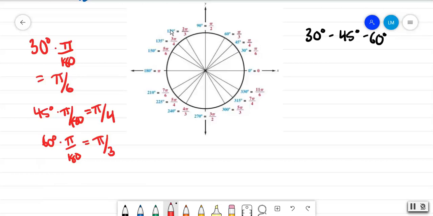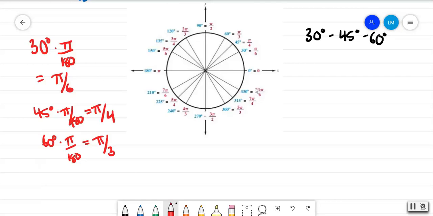So in this case, you have 120. Well, 60 into 120 is 2, so 2 pi over 3. 135 divided by 45, 3 pi over 4, and so on. And you repeat that process until you reach all of them. So this is the reference angle of 30, 45, and then 60. And then you have again 60, 45, 30, and so on.